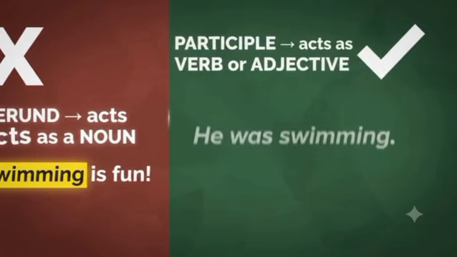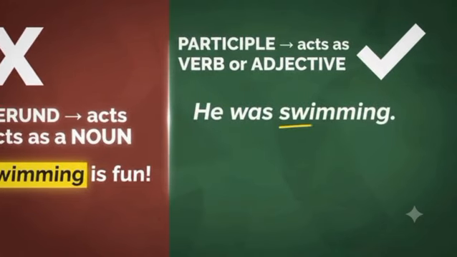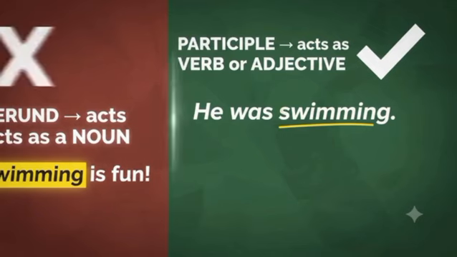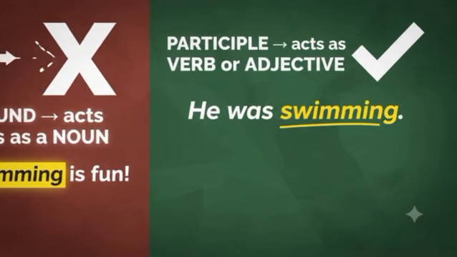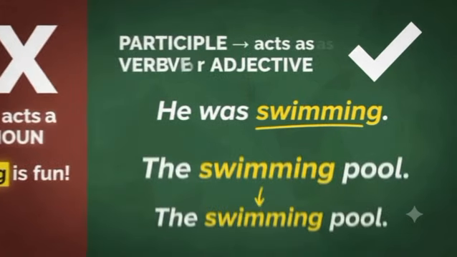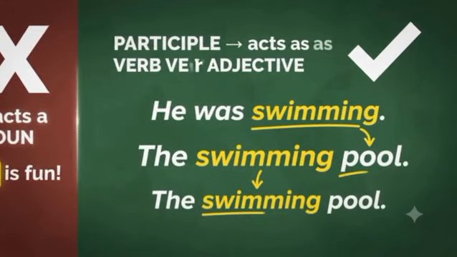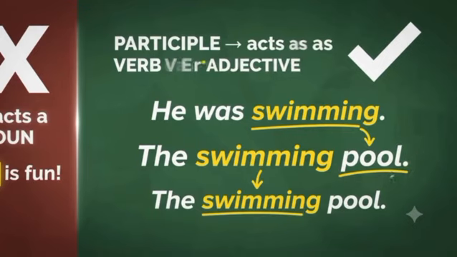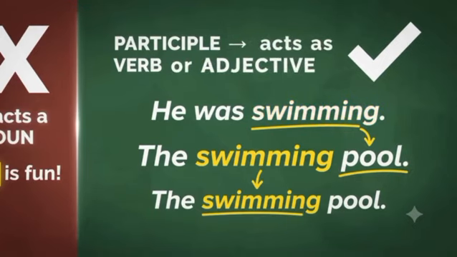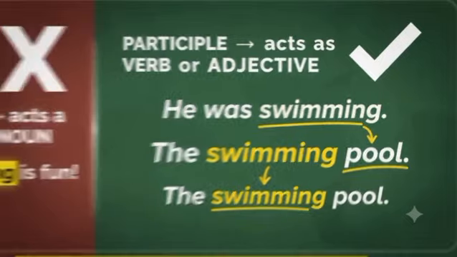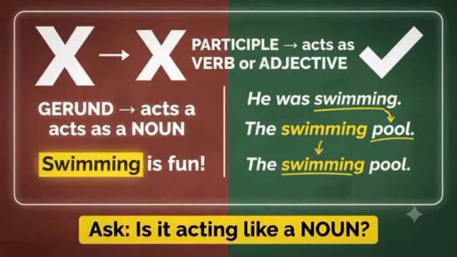Here, swimming is a participle. It acts as the verb. The swimming pool. Participle again. Swimming acts as an adjective describing pool. Same word, three different identities. Ask yourself, is it acting like a noun? Then it's a gerund. Simple.